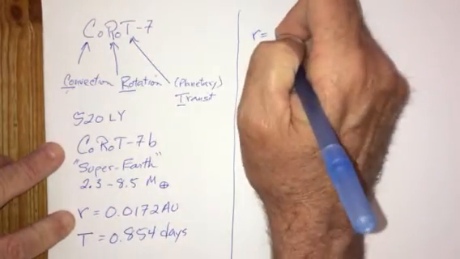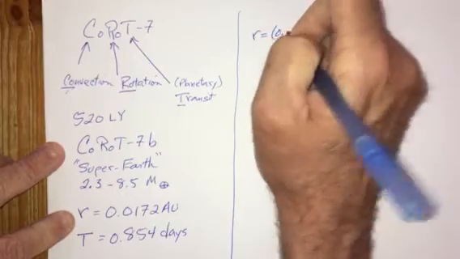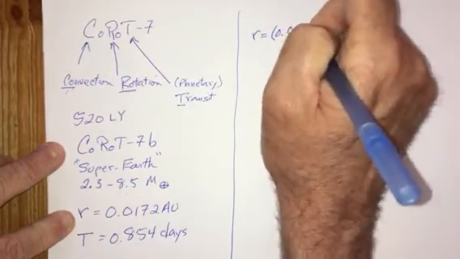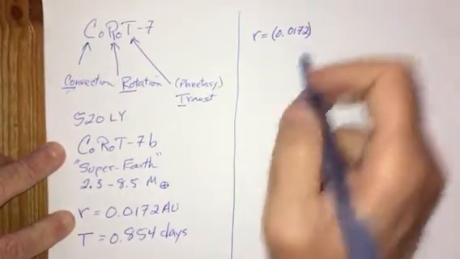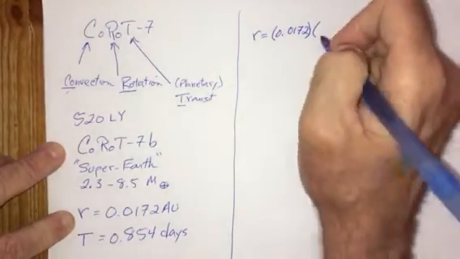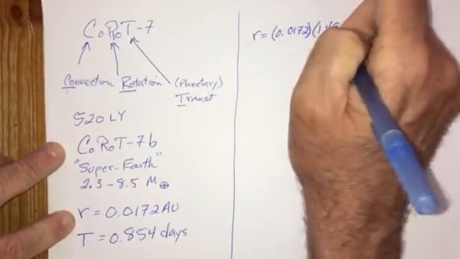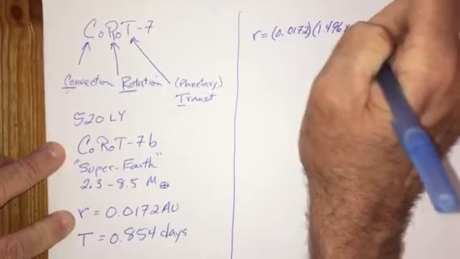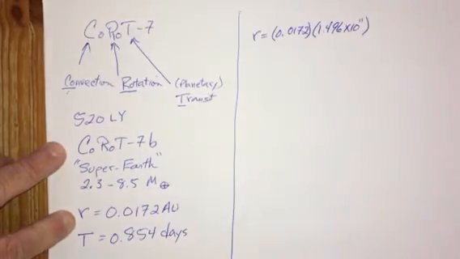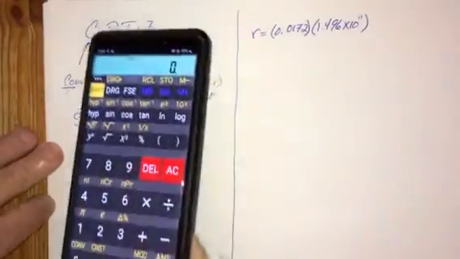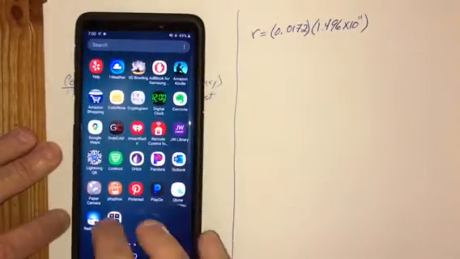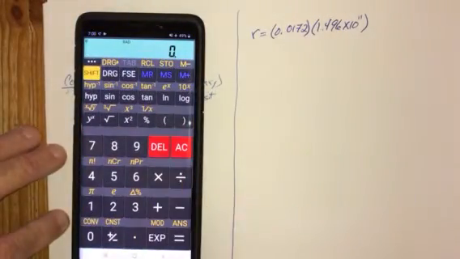And the way we do that is we multiply the number of astronomical units by the conversion 1.496 times 10 to the 11th power. So we're going to do that here. Oops. There's my calculator.